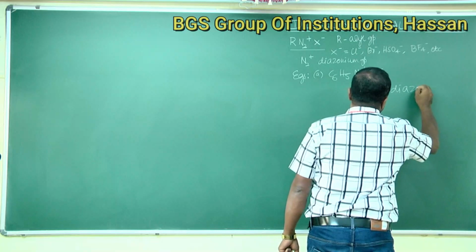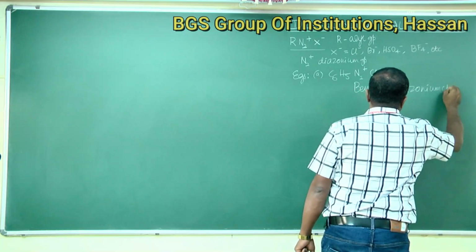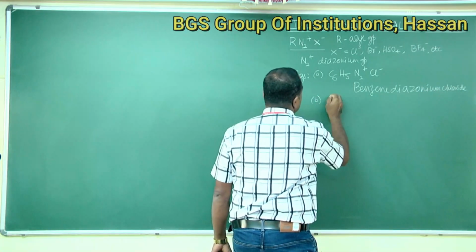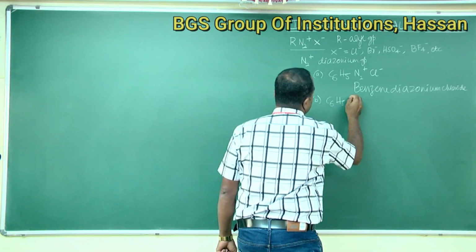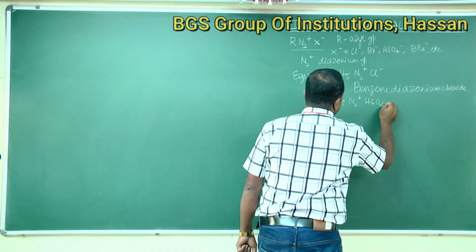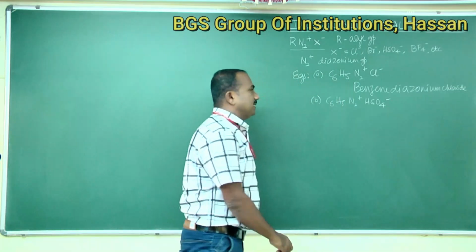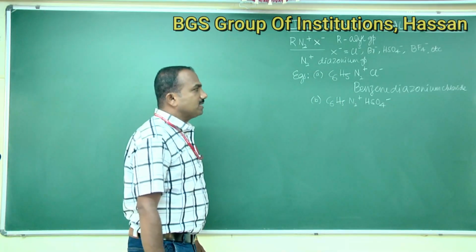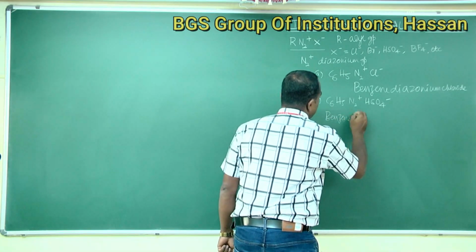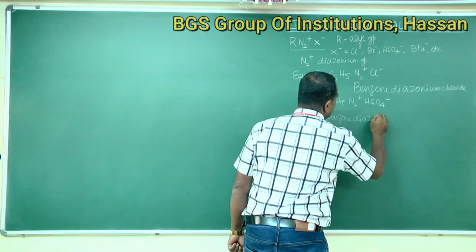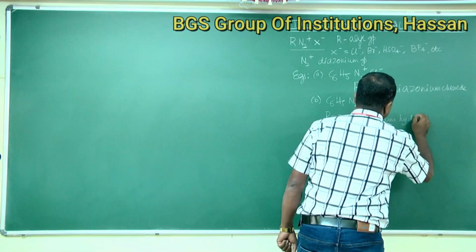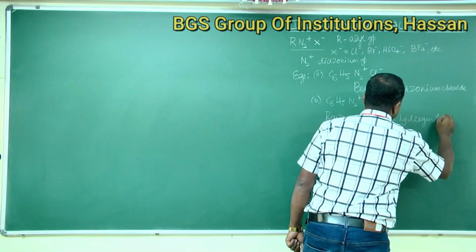And second, C6H5N2+HSO4-, this is benzene diazonium hydrogen sulfate.